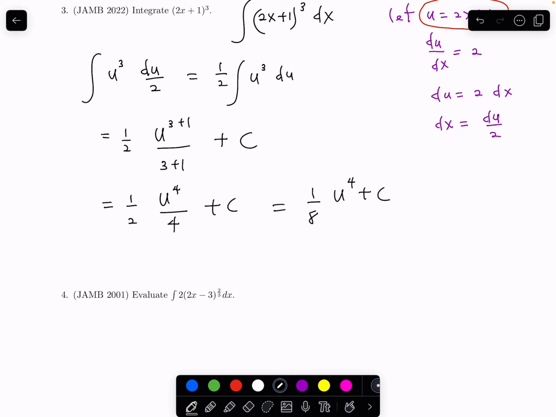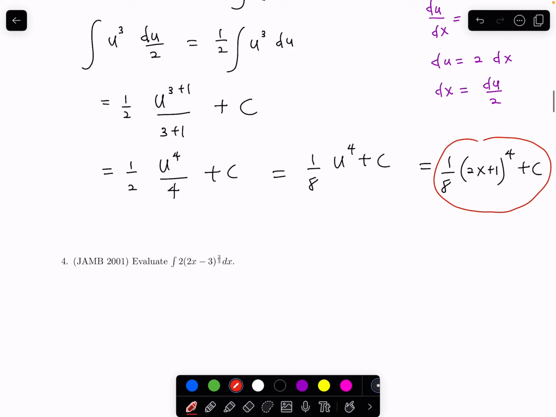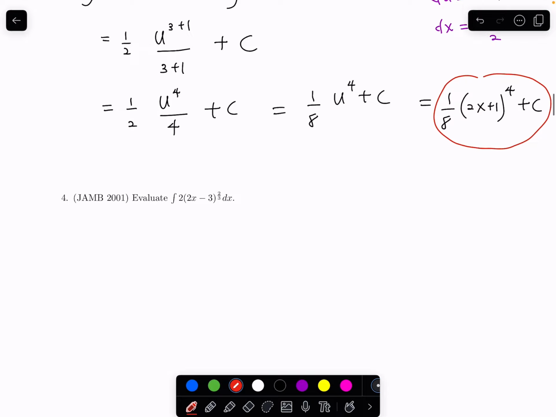So this is just going to be 1 over 8 (2x plus 1) to the power of 4 plus c. And that's going to be the solution for that problem.